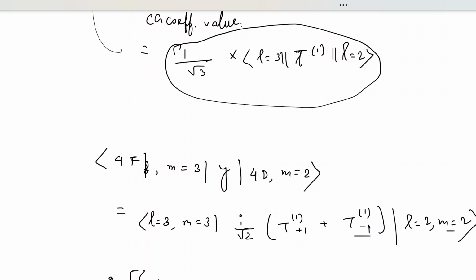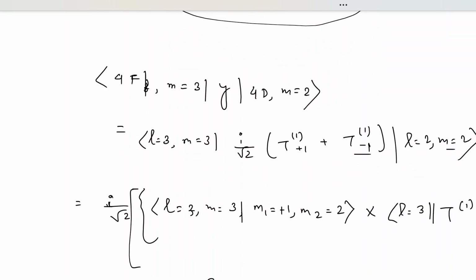This whole term, plus there will be the terms coming from this other term. So this will have L equal to 3, m equal to 3, then m1 equal to minus 1 because this is minus 1, m2 remains as 2, cross L3, t1, L2.